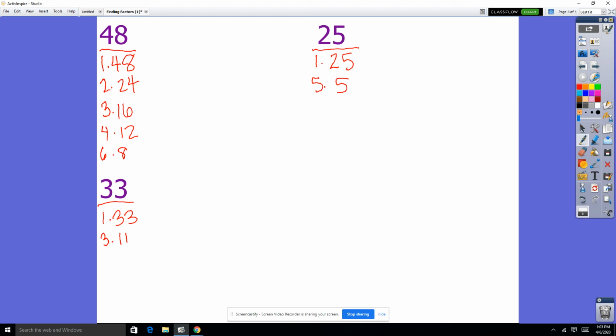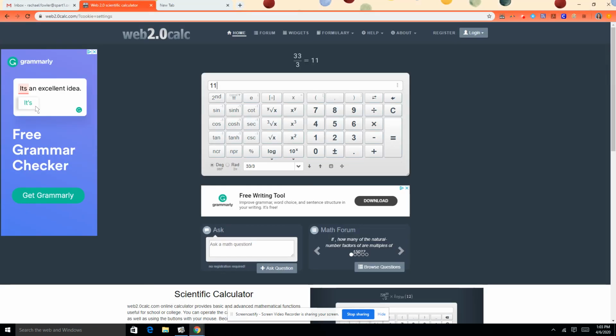So my next number I would try after 3 is 4. So I'm going to do 33 divided by 4, and it gives me a decimal. So 4 is not a factor of 33. Then I would try 5, which I know isn't going to be a factor either, because to be a multiple of 5, it has to have a 5 or a 0 on the end. So then I'm going to try 6. 6 doesn't work either. I'm going to try 7, which doesn't work.